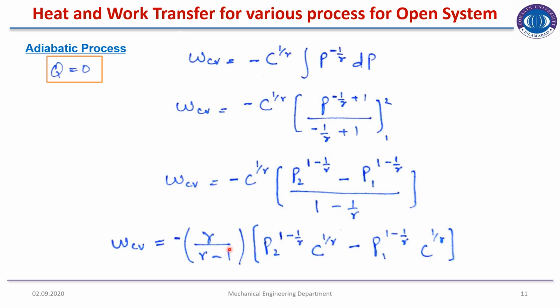We have transposed it to the left hand side, and we have multiplied the C term into the bracket. So gamma over gamma minus 1 times P2 power 1 minus 1 over gamma into C power 1 over gamma, minus P1 power 1 minus 1 over gamma into C power 1 over gamma.